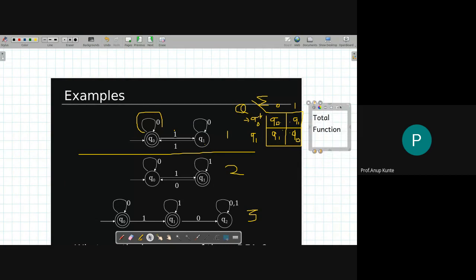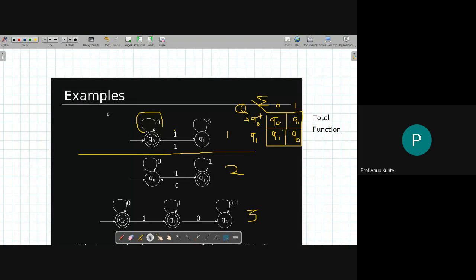Total function क्यों? क्योंकि हर एक सेल में exactly one next state है, इतना याद रखो. So this makes this particular device a DFA, deterministic finite automata.